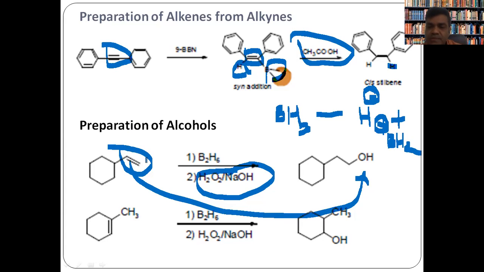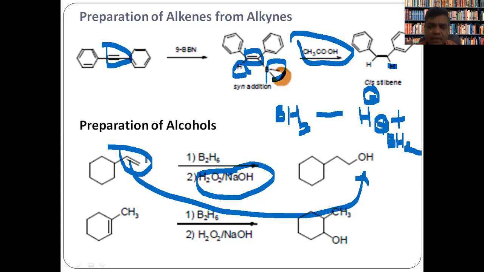But if you see the mechanism, the reaction takes place via Markovnikov's rule, because H and BH2 add across the carbon-carbon double bond as per Markovnikov's rule, and then the boron part is oxidized to OH. Then it looks as if water had been added, H positive and OH negative, across the carbon-carbon double bond of an alkene in an anti-Markovnikov manner.